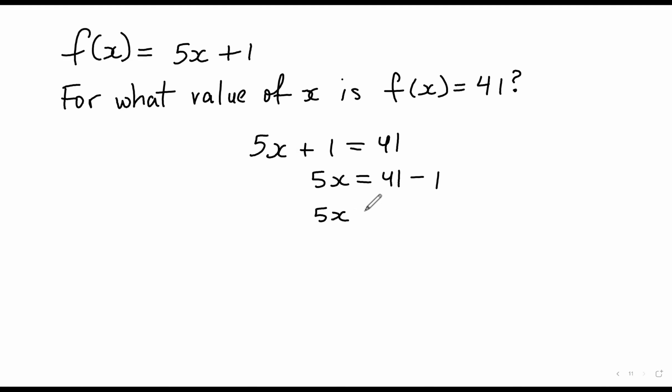What would that give me? That'll give you 40. Right? So then if 5x is 40, x would be equal to 8. That's right, 40 divided by 5. So x is 8. Does that make sense, love? Yeah. All right, good. Thank you.